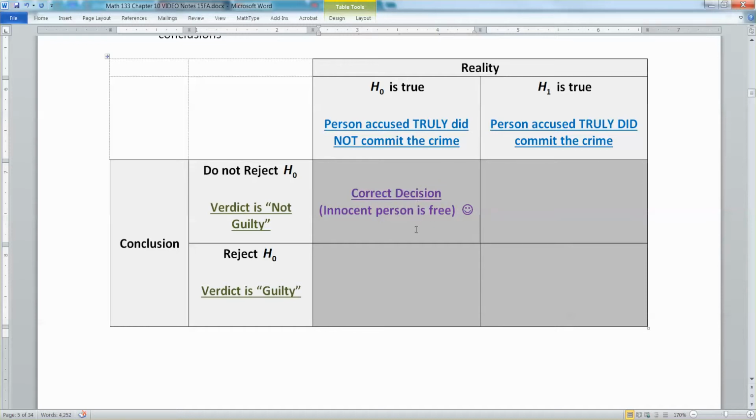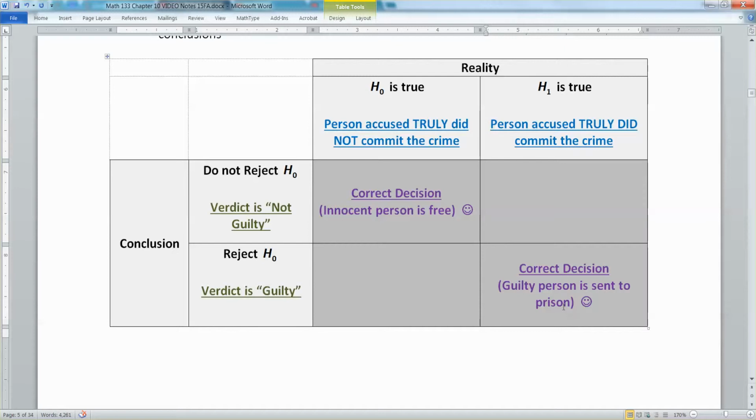Yay, team. Now the other correct decision is in the bottom right corner. That's a person that really did the crime and their verdict is guilty. I don't know if it makes us happy, but at least we would know that we put away somebody that actually did the crime, so they should do the time. So the guilty person is sent to prison. Okay, so those are correct decisions. Great.